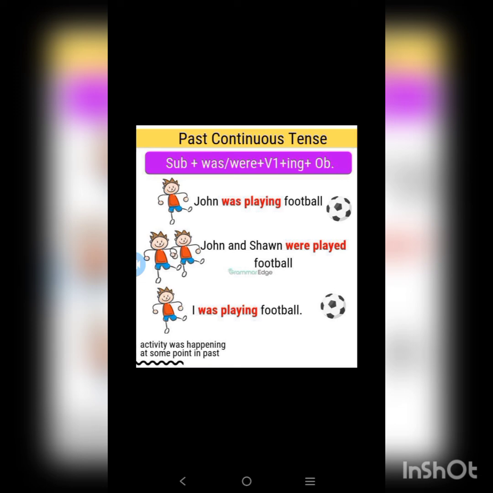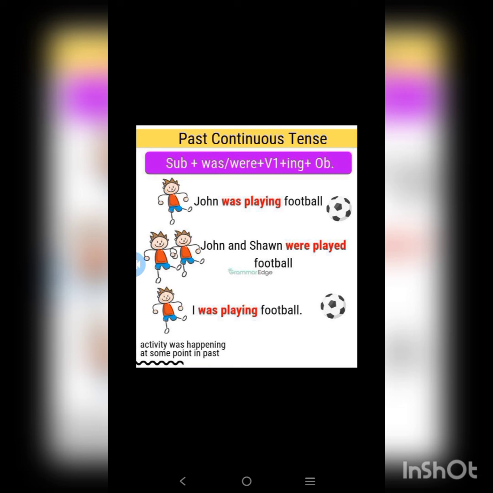So subject plus was or were plus verb plus ing. So they were playing football. They means third person plural. He was playing football. He is third person singular. I was playing football. I means first person singular. So along with singular we will use was, and along with plural we will use were.